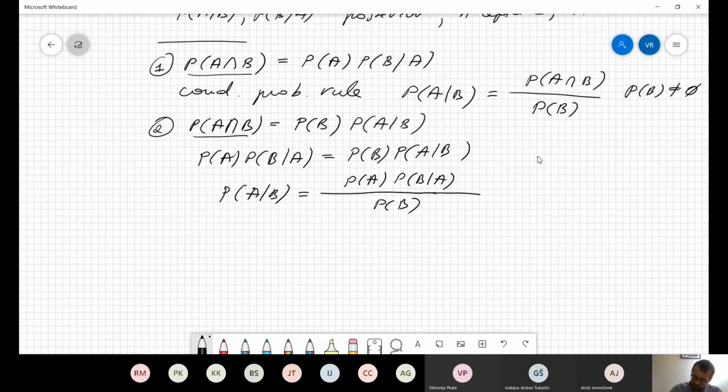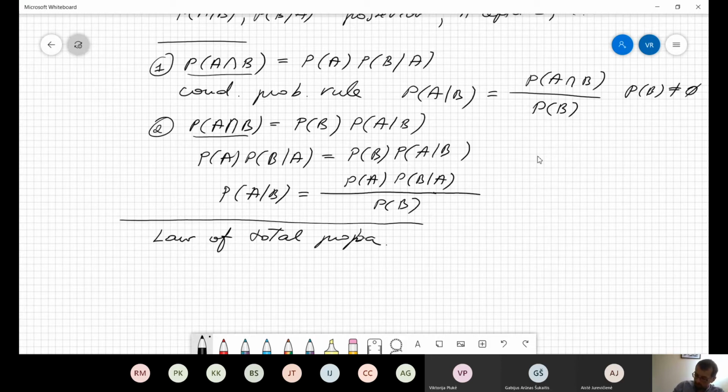Okay, the other rule which I want to show you briefly is called the rule of marginalization, or the law of total probability.